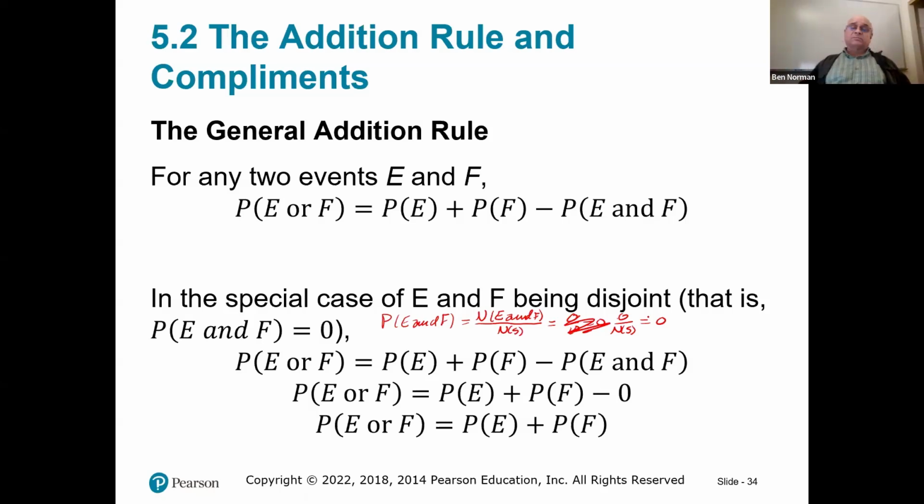This general rule is truly a general rule. It applies to all cases, whether E and F are disjoint or not. If they happen to be mutually exclusive, then that rule can be condensed by dropping that last term.